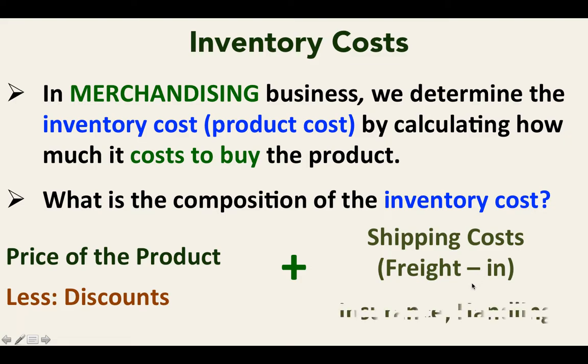And we have to add the insurance, handling, and any other cost related to the buying of the product. So basically, the inventory cost composition will be the price of the product less discounts, add shipping cost or freight in, and insurance and handling.